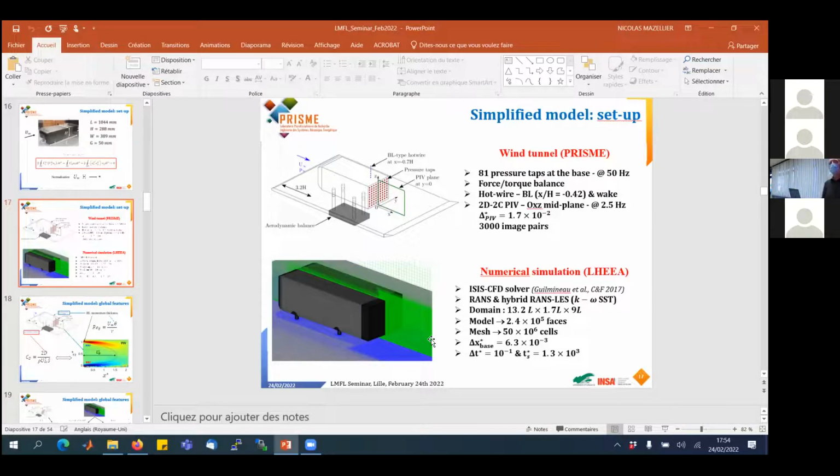We don't save the 3D data from the simulation because it's just impossible, in fact. So we make some slice and we extract the data from this slice during the time evolution. And then we make the average. That's pretty much like we have done for the PIV. The approach is the same. Okay, thank you. You're welcome.